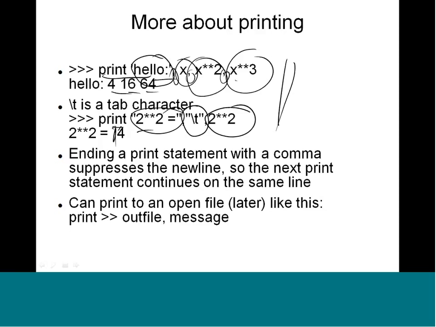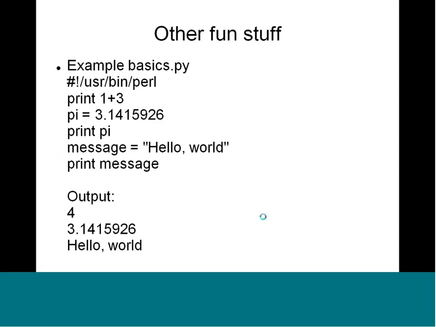And if you end a print statement with a comma, that suppresses the newline so that the next print statement starts on the same line. You can also print to an open file. It is just like this: print, then a double arrow, say outfile, and then the message. So the message will be printed there.